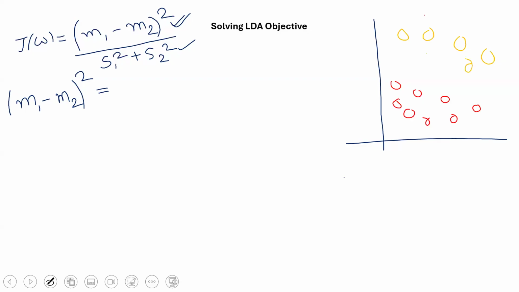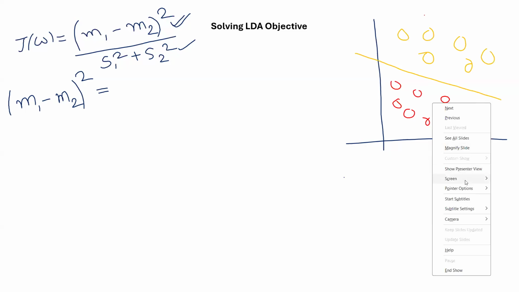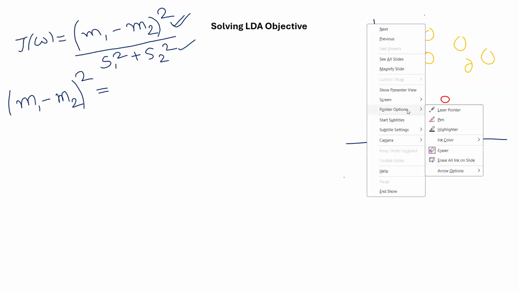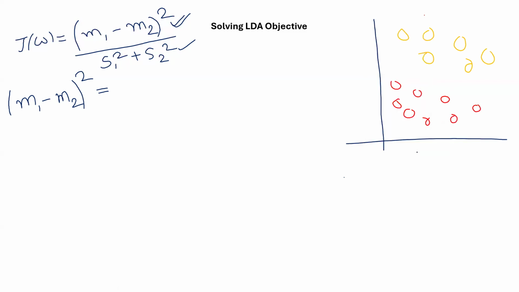Now what we are trying to do is find this W, the direction W, and we project the points onto this W.